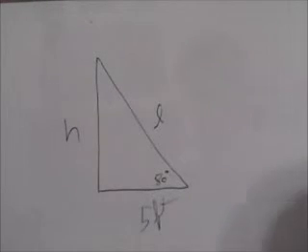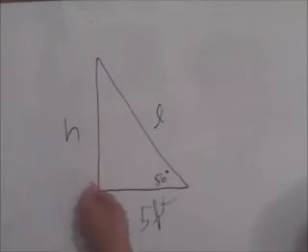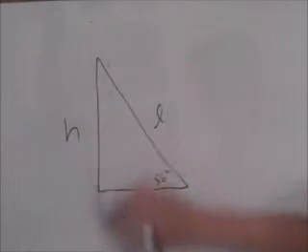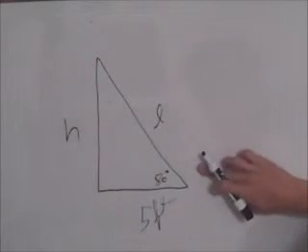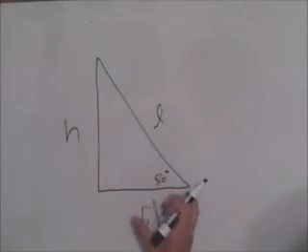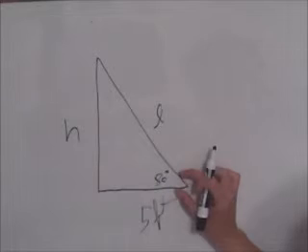Finally, as an example from section 4.8, is problem number 5 in the text, which refers to a tower, which would be, this would be the tower, and a wire that comes down from the tower and is 5 feet away at the ground and forms an angle of 80 degrees from the ground.